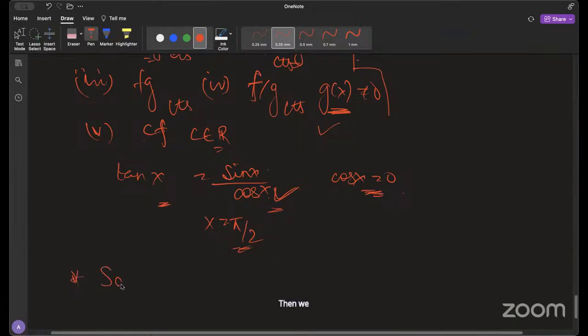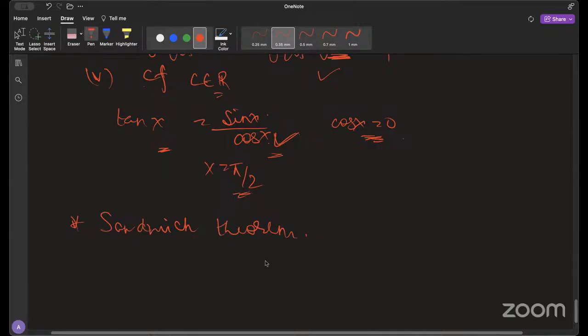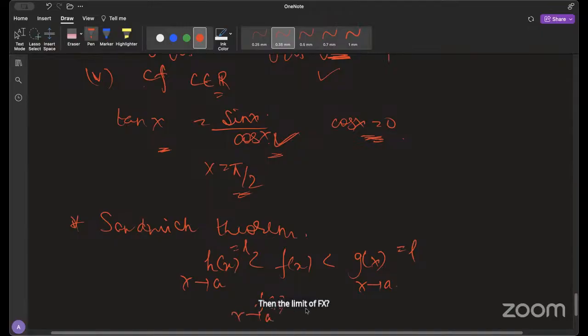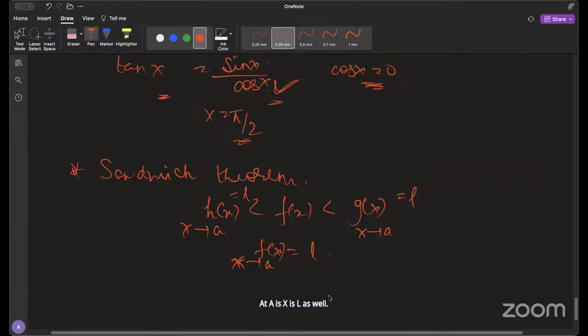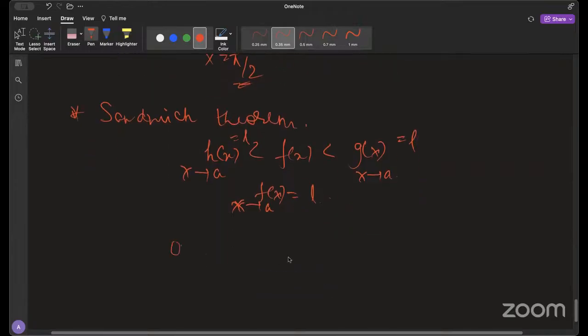Then we have the sandwich principle, which you've already done in limits. It says, let's just say you have 3 functions. And if the limit of this function and this function at a is, say, L, then the limit of f of x at a is L as well. So let's just say this thing.